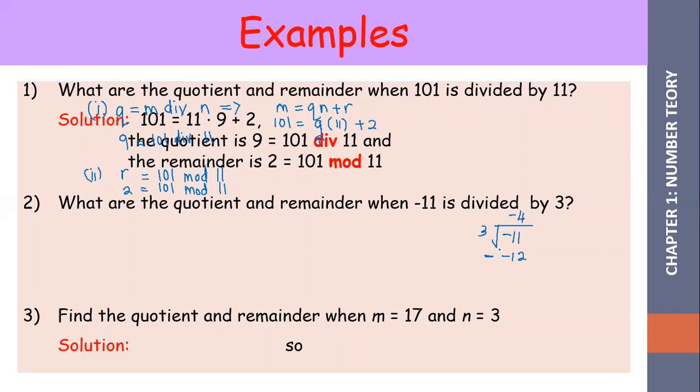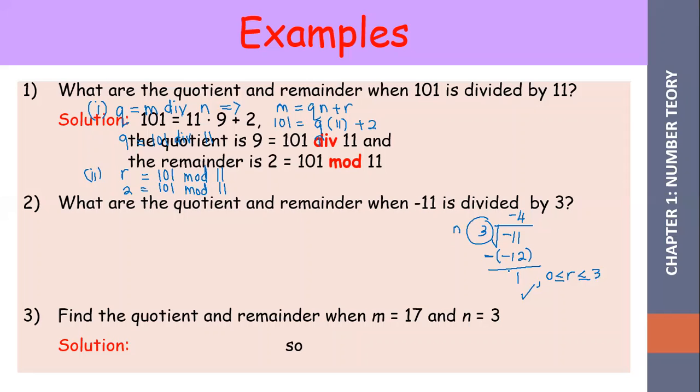So negative 11 minus negative 12, negative 11 plus 12, you got 1. Your remainder should be greater than or equal to 0, less than or equal to your n. Your n is 3. Is 1 between 0 and 3? Yeah. So this is the right remainder.